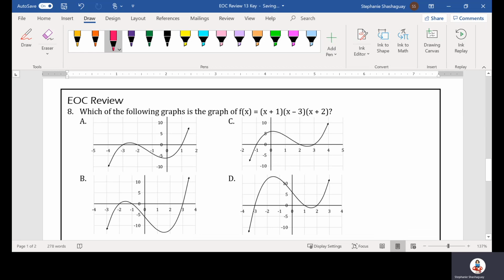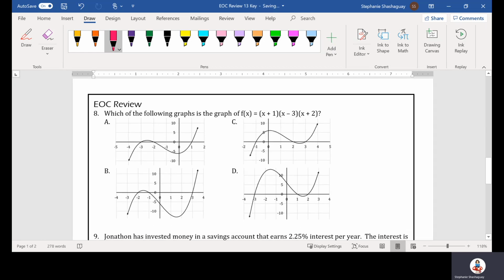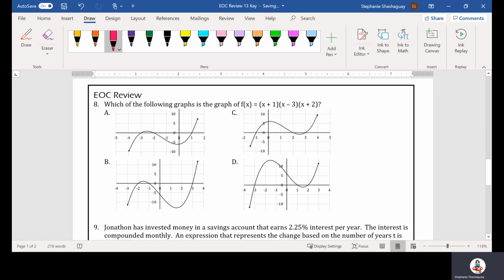All right, number 8 looks something very similar to what we saw in the mock EOC. So this here is called a cubic function because I have 3 x values. So a cubic function is always going to look like that.